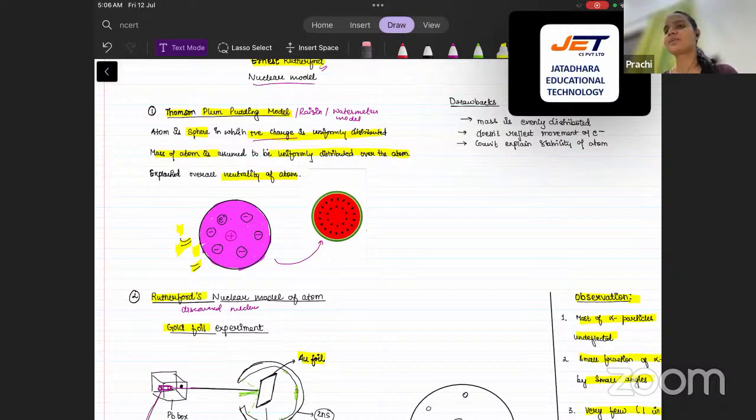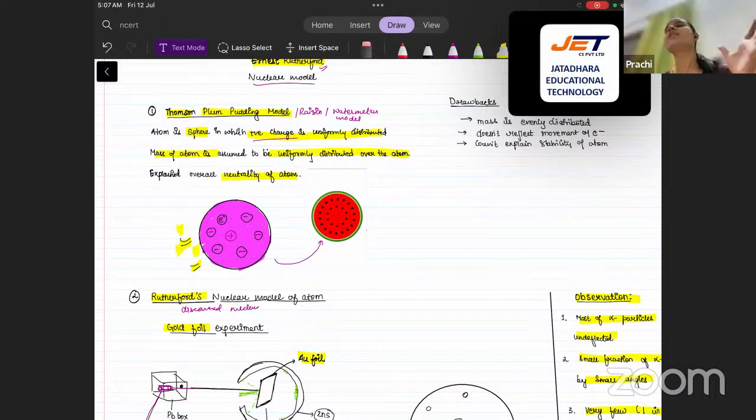So yesterday we started with the new topic, that is the atomic structure, and in that we saw what are the things that we are going to learn in the atomic structure. There we saw that we will be learning about the different models, then we will learn about all the models in detail, and then we will learn about the other things too, and finally we will learn about the electronic configurations.